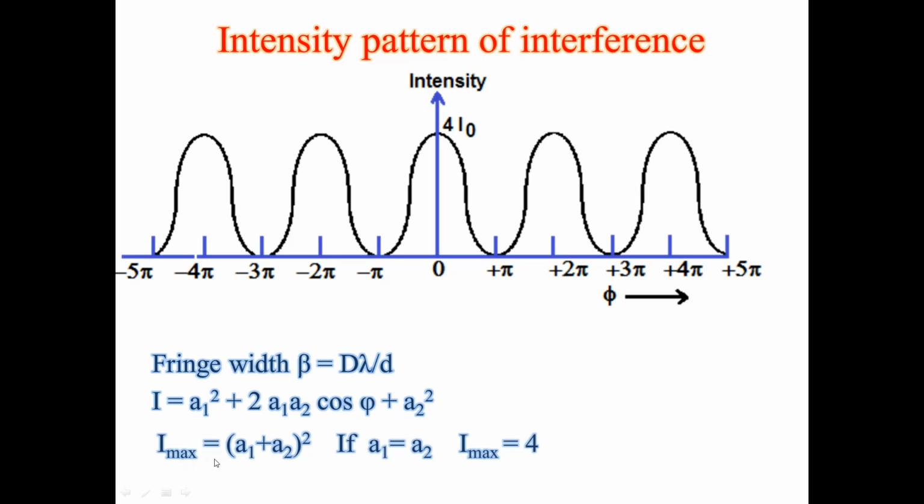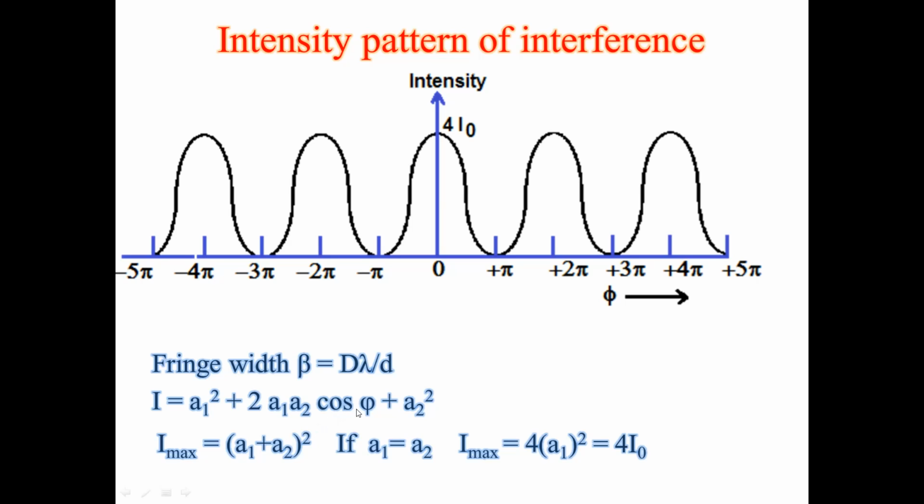So maximum intensity is equal to a1 square plus 2 a1 a2 plus a2 square, that is equal to a1 plus a2 the whole square. If a1 is equal to a2, then maximum intensity is 4 times a1 square, that is 4 times I0. I0 is the intensity of the light from one slit.